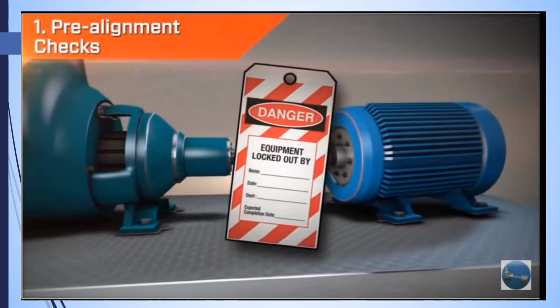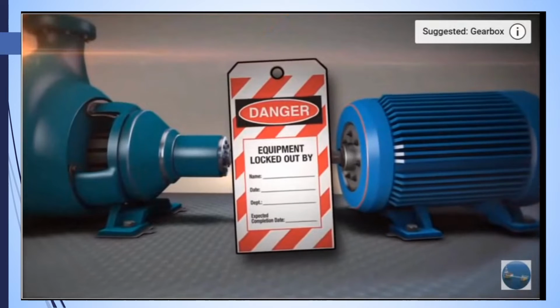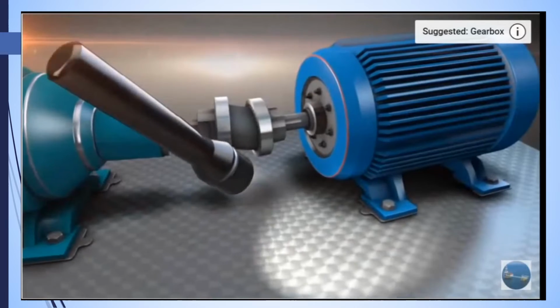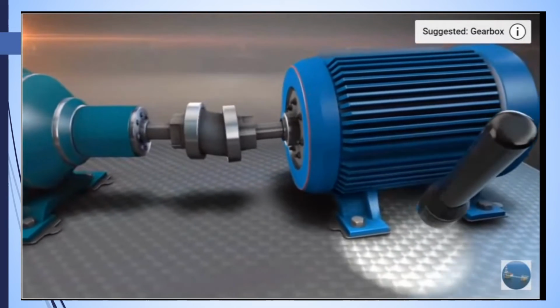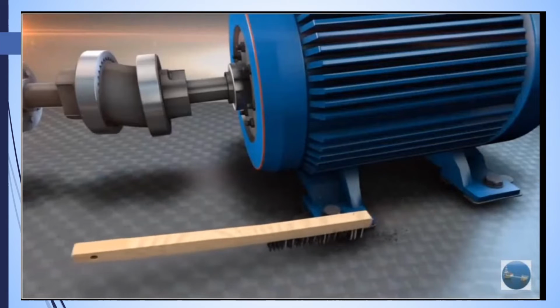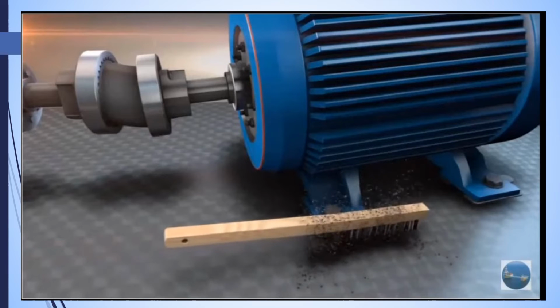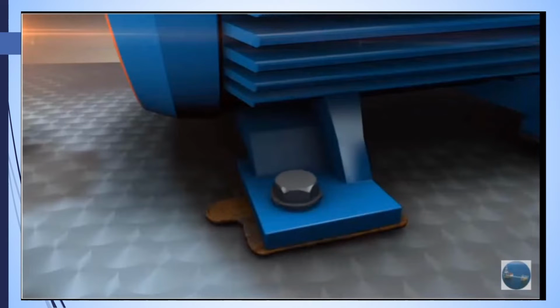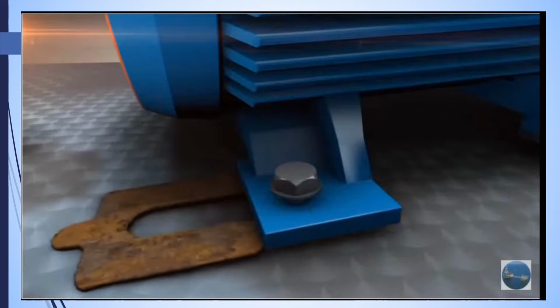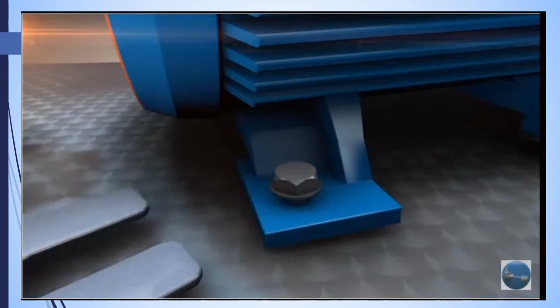First, we perform the pre-alignment checks, safety procedures, lockout and tagout of the machines, visual inspection of the foundation, grout, and base plate, cleanup, remove rust, scale, paint, and dirt from the bottom and around the feet. Replace damaged shim packs with new, corrosion and crush resistant shims, filling obvious gaps under the feet.